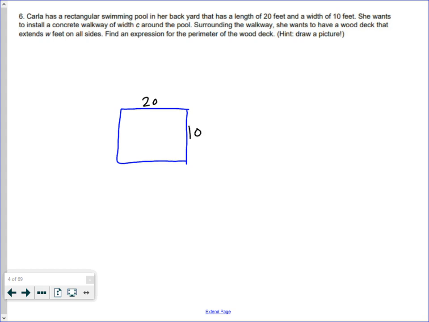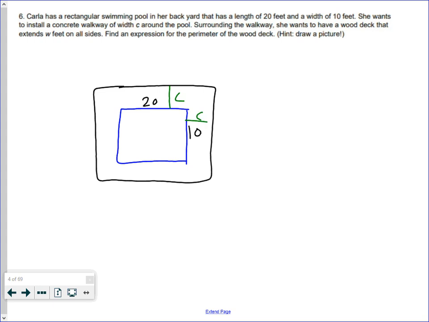Next, we're told she wants to install a concrete walkway of width C around the pool. So now she wants to make a concrete walkway that's going to be C width around the whole entire pool. So everything here is all of C width between the pool and the edge of the concrete walkway.